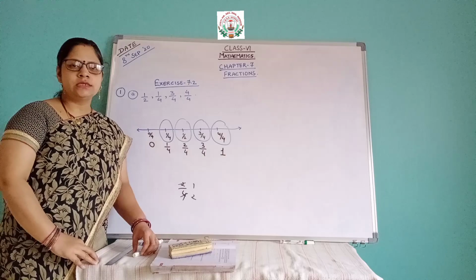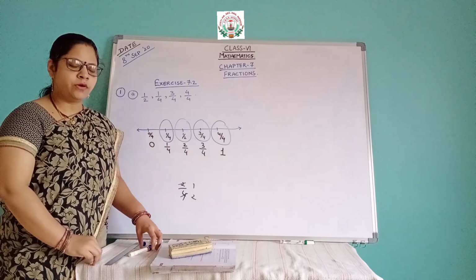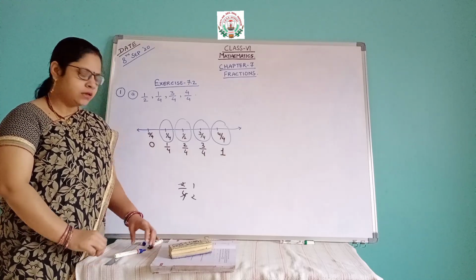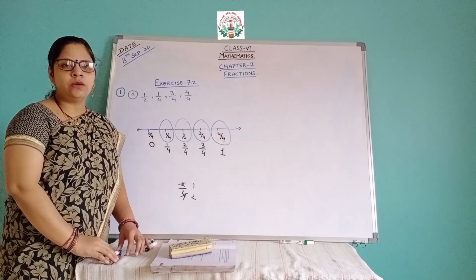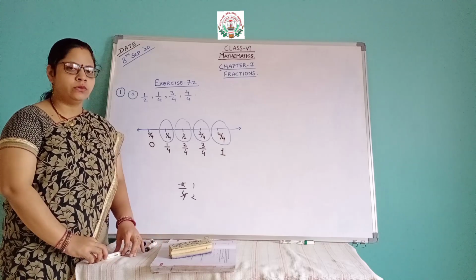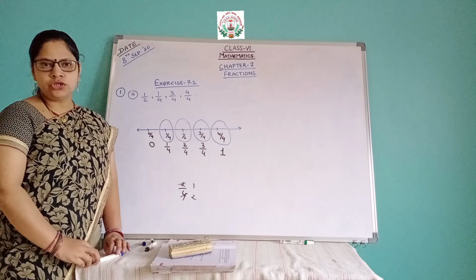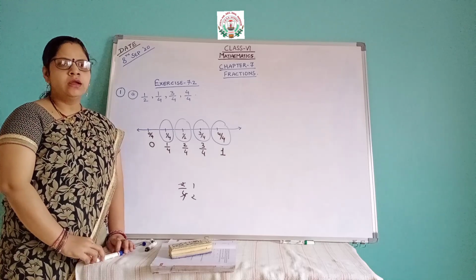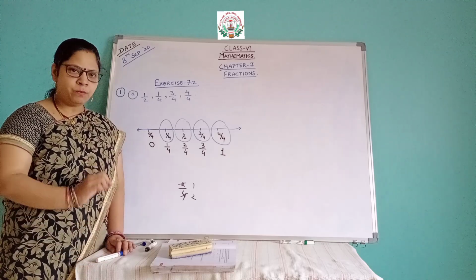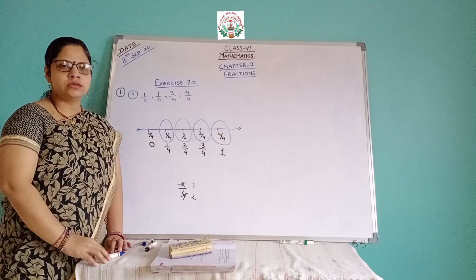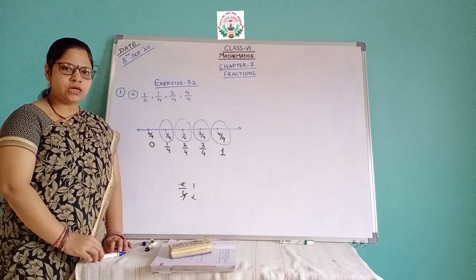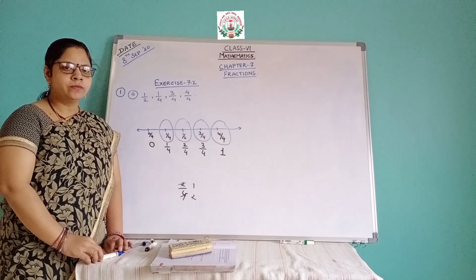Some students are asking me on WhatsApp, or some are calling me and asking, that they don't understand what to write in their copy and how to write. You have to watch your videos properly, understand that, then pause, and through this whiteboard only you have to see and just write in your copy.